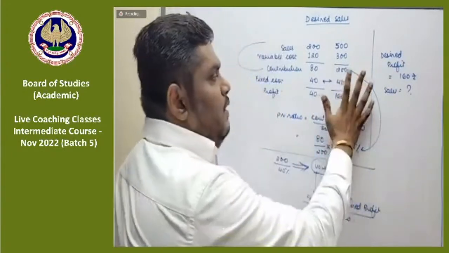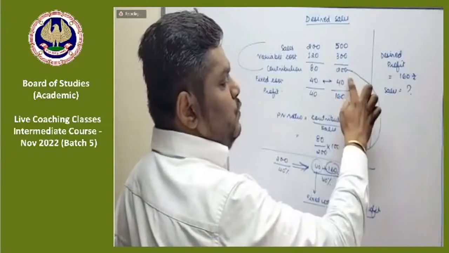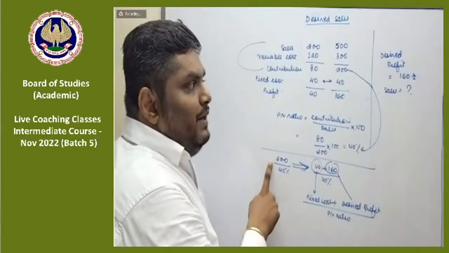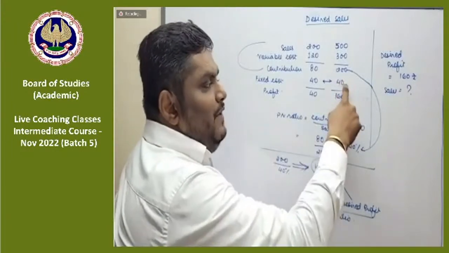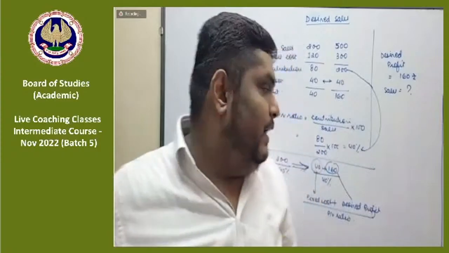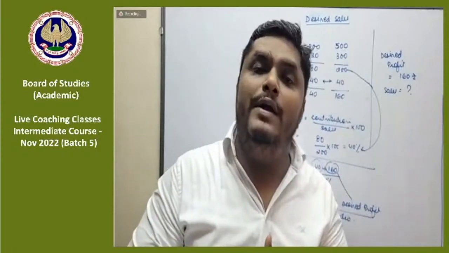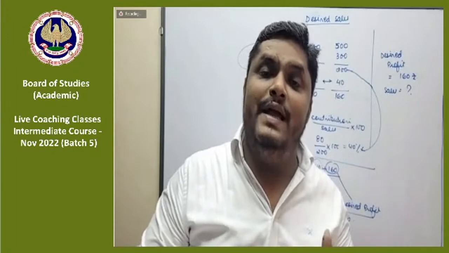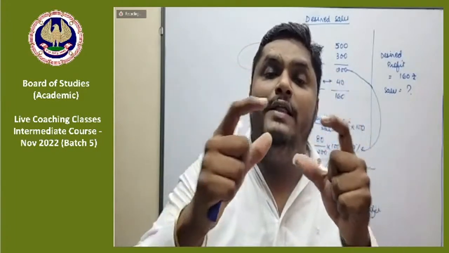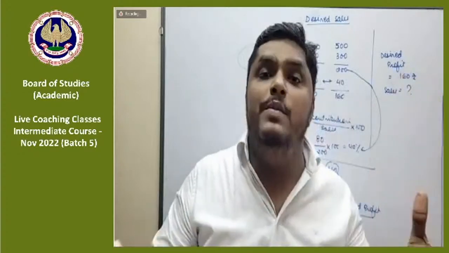Very simple. What we did in desired sales is 200 divided by 40%. How is 200 divided? Very simple. We have to recover our fixed cost as well as earn profit. I repeat again, when talking about desired sales, the desired profit is given, that at this much profit, how much sales is required?